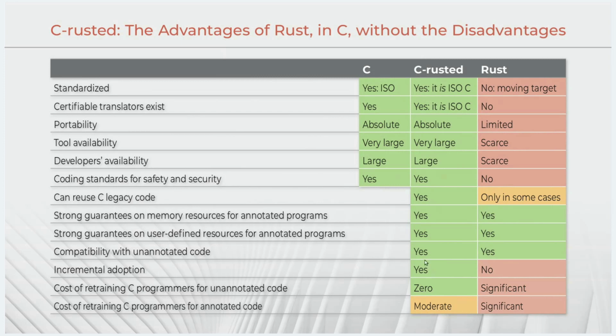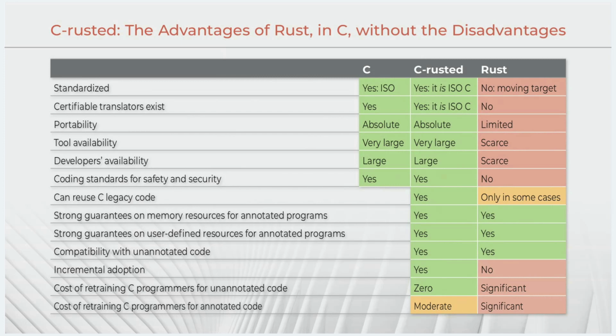And incremental adoption is clearly an important feature. There is no requirement that you annotate all of your C code. You can start with the most critical functionality and then proceed in an incremental fashion. You don't have to retrain C programmers for unannotated code because C rusted unannotated code is C code.